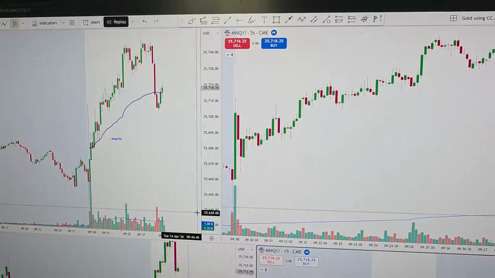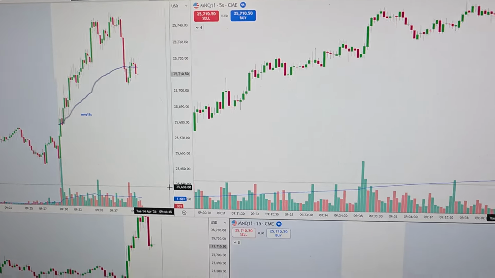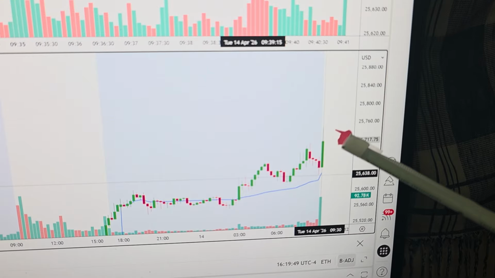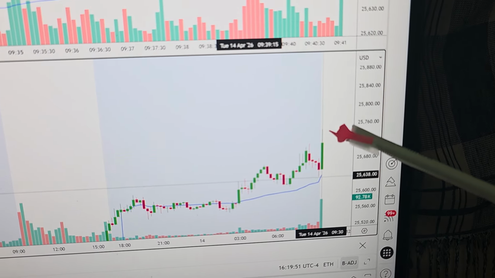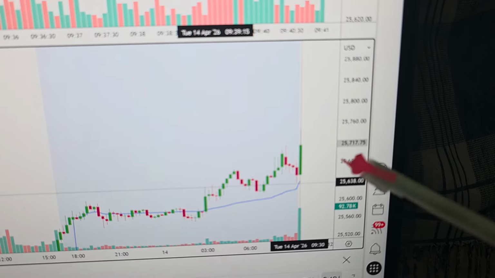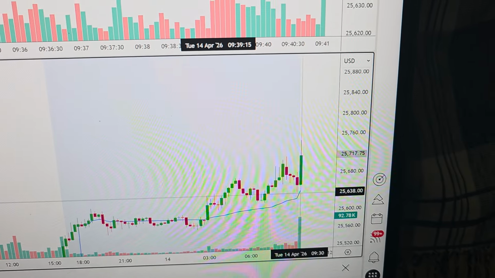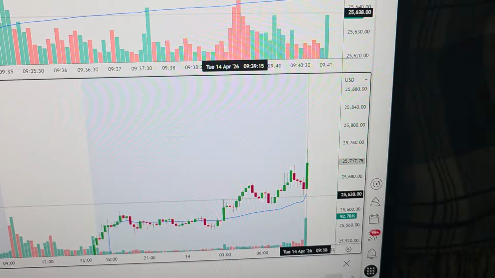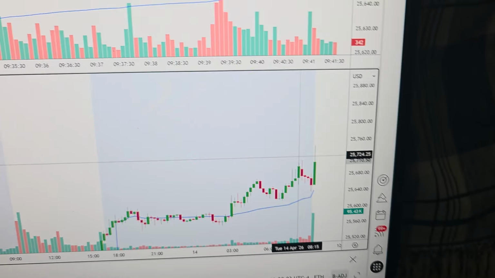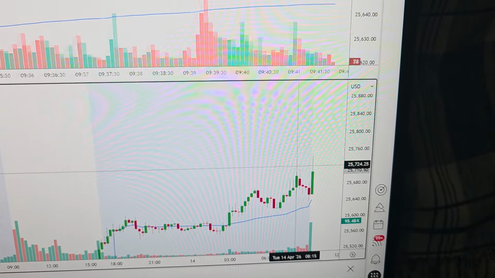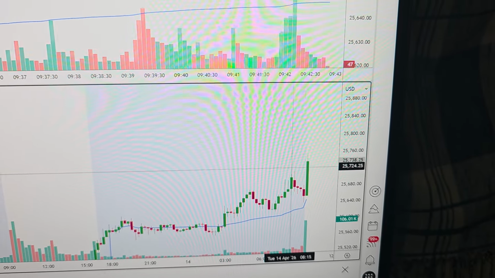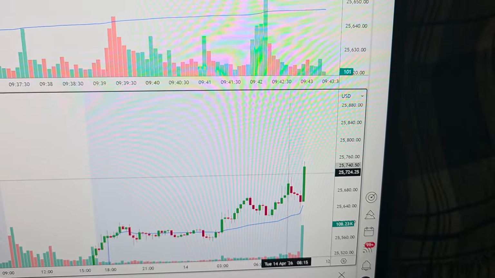We get a dip, and at this point, the 15-minute candle would have looked like this with a wick. And the thing is, eventually it does recover. It does go higher. It does close pretty strongly.